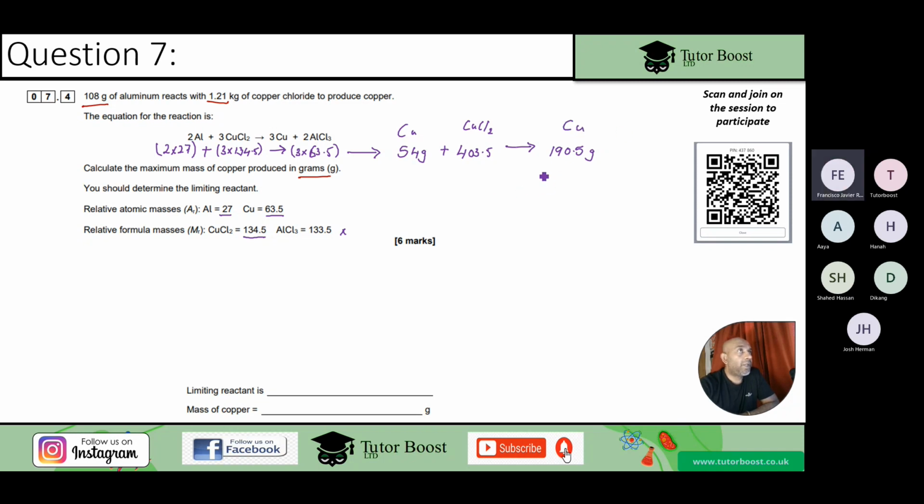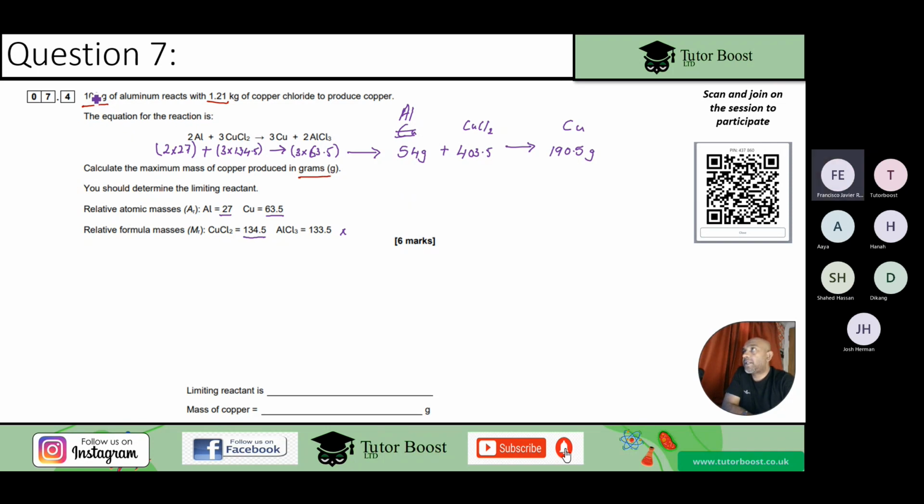So according to the question, you are adding 108 grams of aluminium. Why did I make a mistake here? So aluminium, right? So when you're adding 108 grams of aluminium, I'll give a couple more minutes for some of you because you're trying to answer the question.